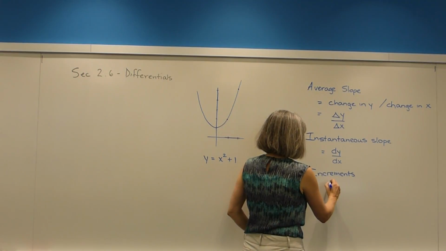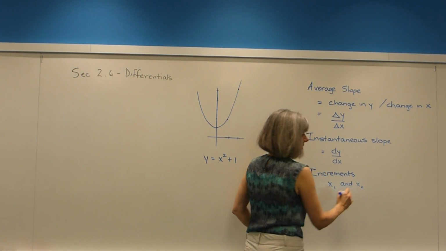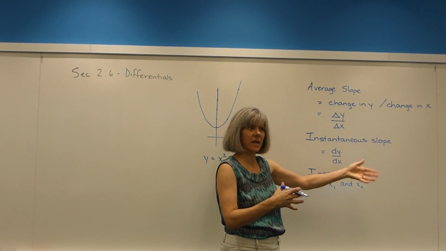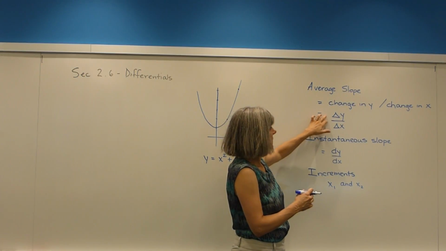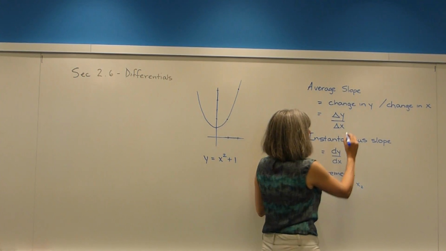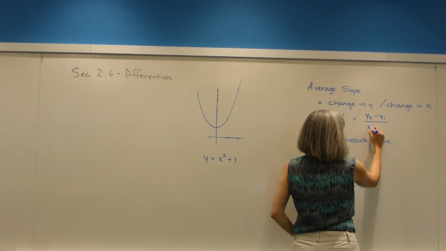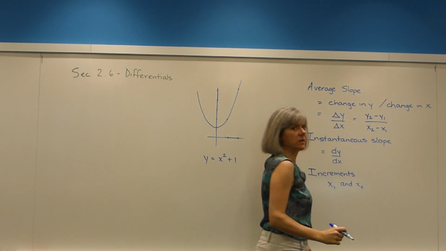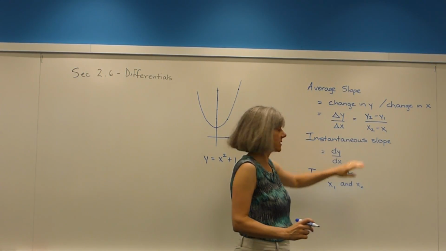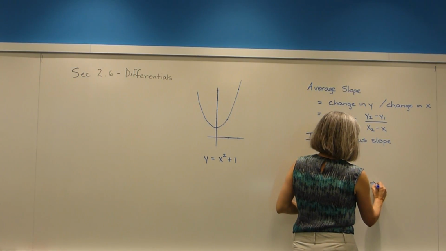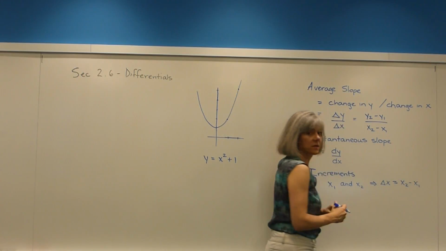So if I have an x1 value and an x2 value, and we kind of make x2 the second point, so there is some order to this, just like there is when we find average slope. In fact, let's go ahead and write that out. We would write y2 minus y1 divided by x2 minus x1. So this tells us right here how we connect x1, x2, and delta x. So delta x is x sub 2 minus x sub 1.